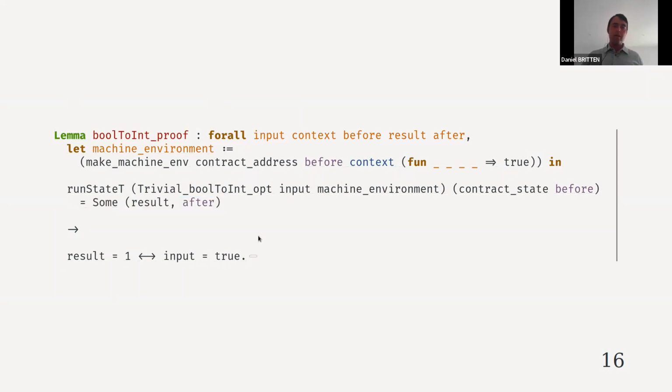If the contract runs out of gas, or, I mean, this contract wouldn't fail because it can't, but if it did fail for some reason, then this proof is kind of saying nothing because it assumes it succeeds.